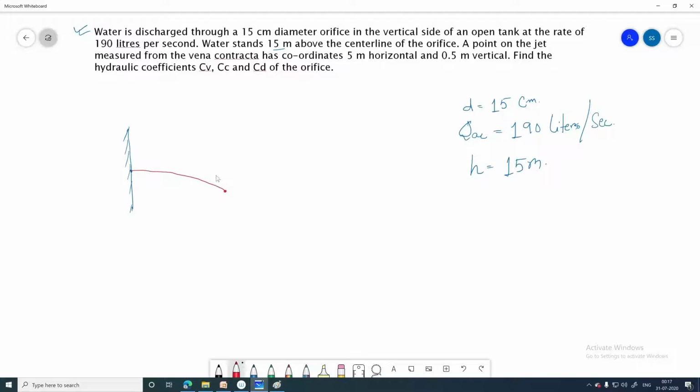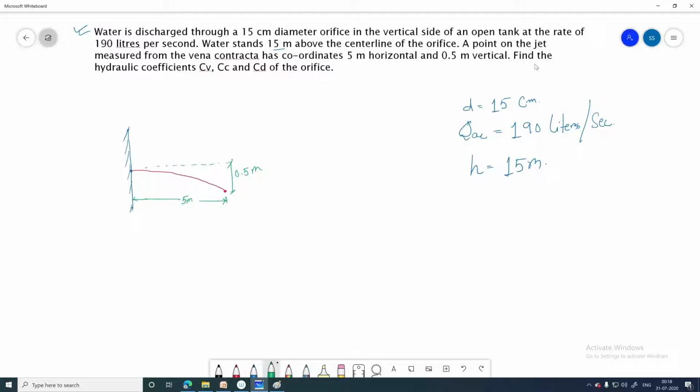This point is 5 meter horizontal from the vena contracta, so the horizontal distance of this point is 5 meter, and this is the vertical distance, which is 0.5 meter.